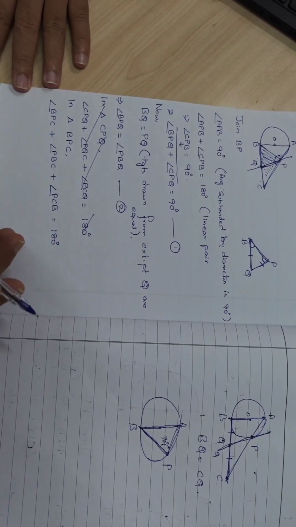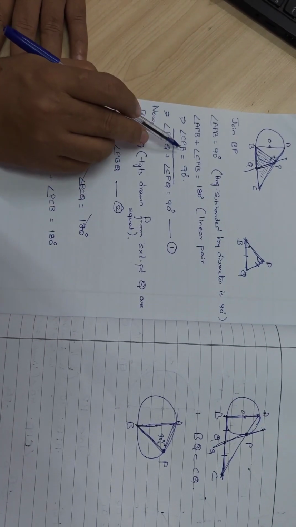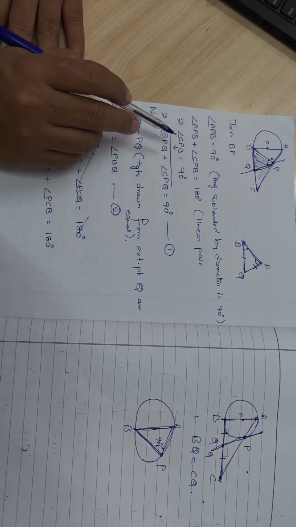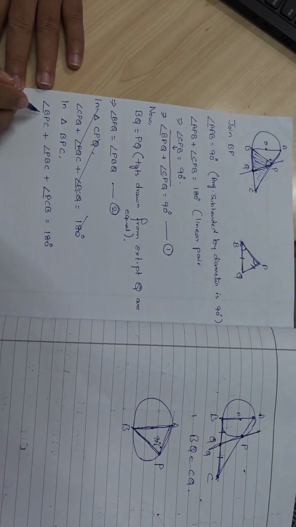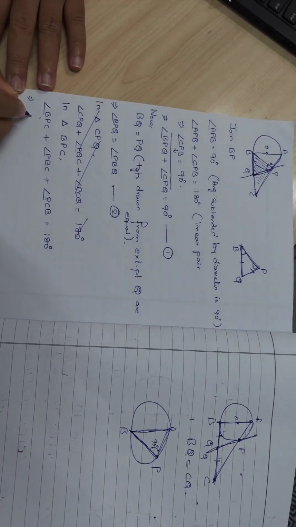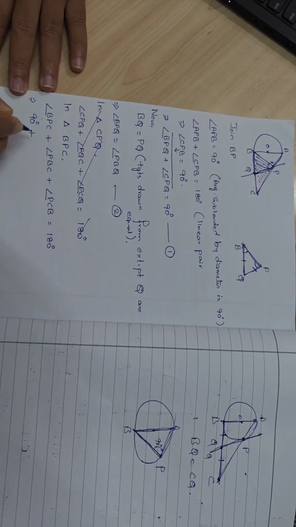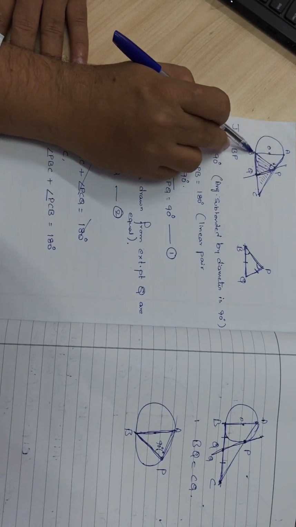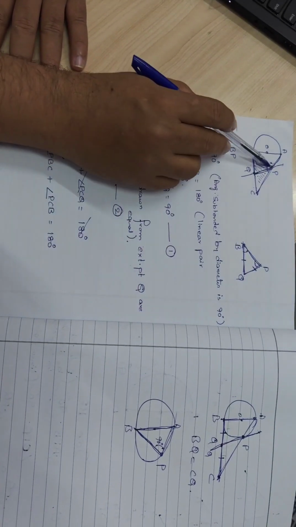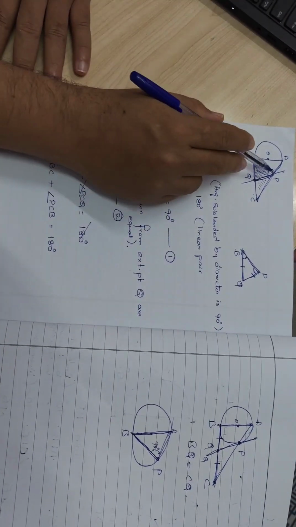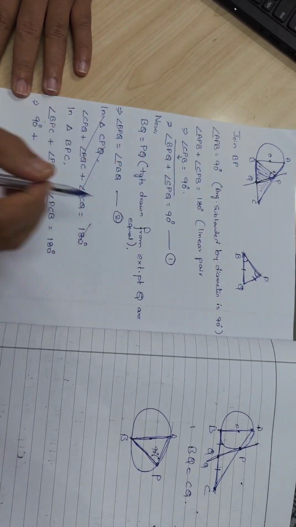So here we have seen that BPC is equal to 90 degrees. This is 90 degrees, right? And PBC, can I write it as PBQ? PBC and PBQ are the same, right?